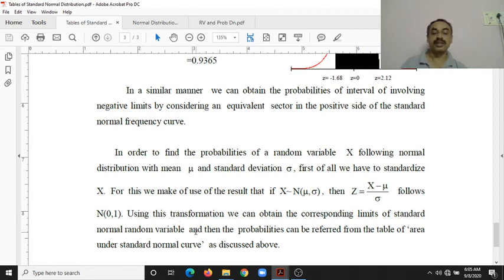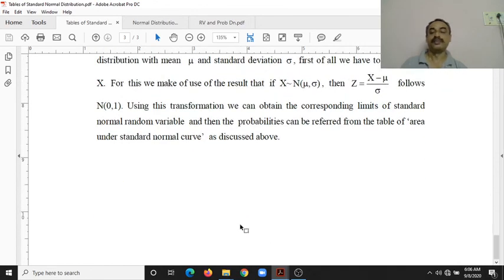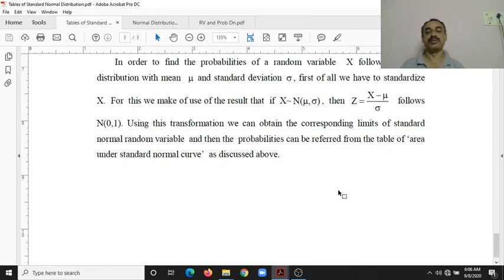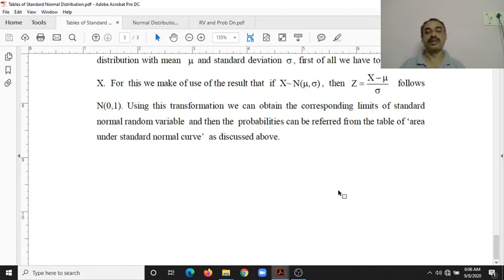So this transformation can be used to obtain the equivalent limits of the standard normal random variable for these intervals of a normal random variable where the mean is not 0 and the standard deviation is not 1. So this is about the tables of the standard normal distribution. Using these tables, we can refer to these probabilities of z within various intervals.